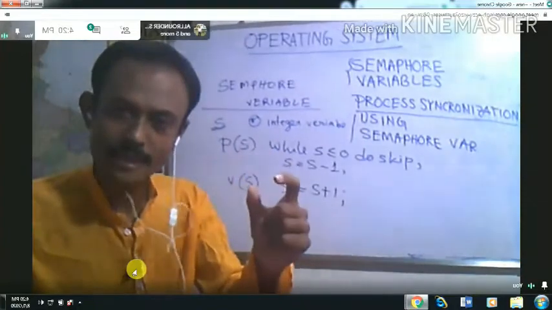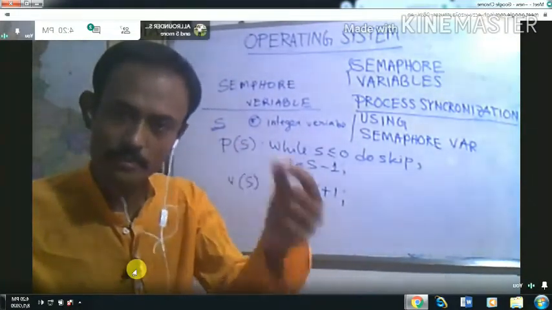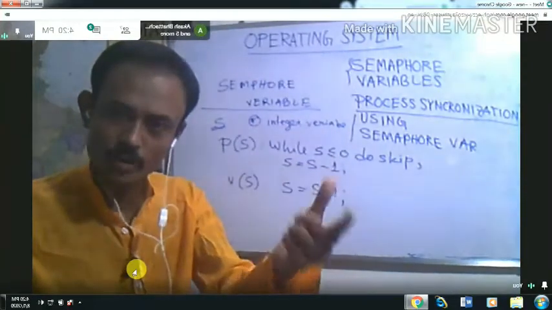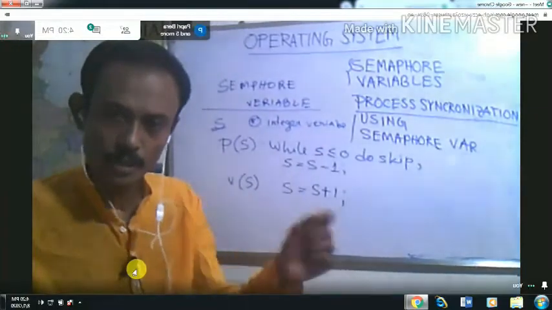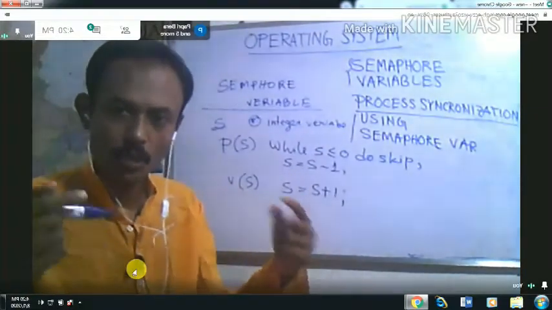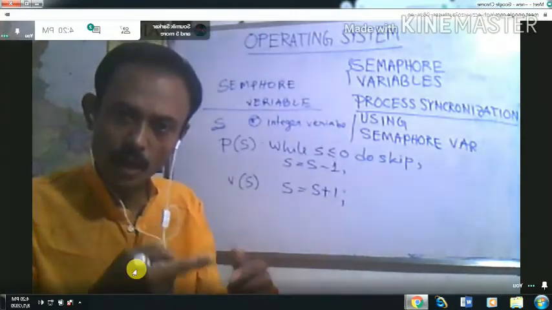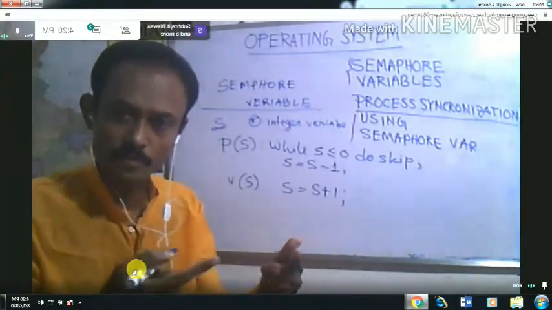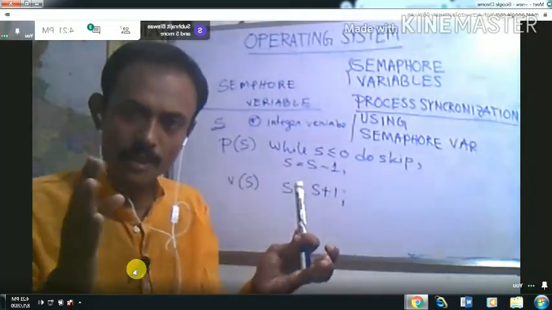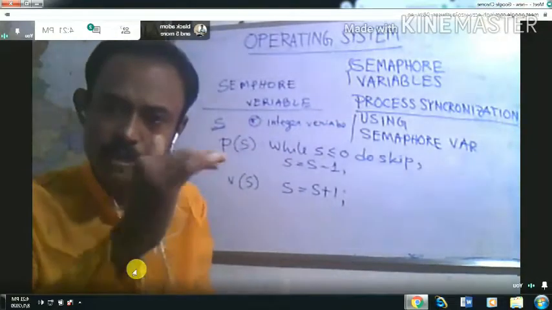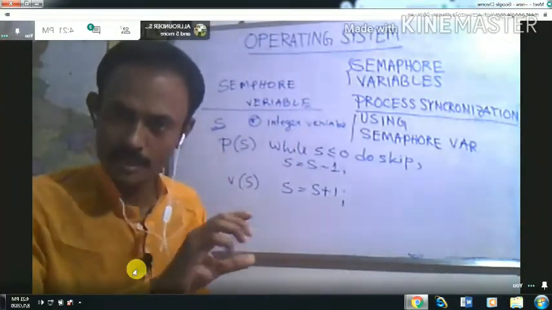We already saw that different types of problems may arise when multiple processes concurrently want to execute that critical section. Then we saw how to overcome it: every process can be divided into different segments. One segment is the entry section, then the critical section, then the exit section, then the remaining section.